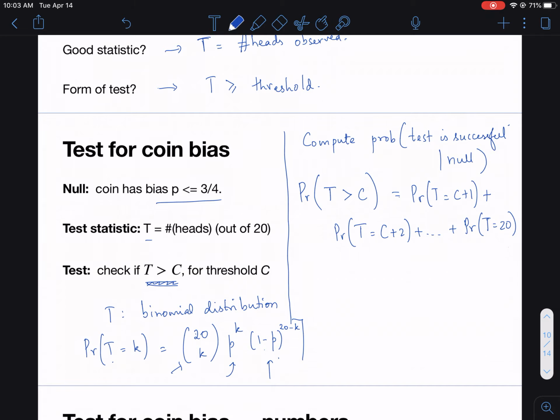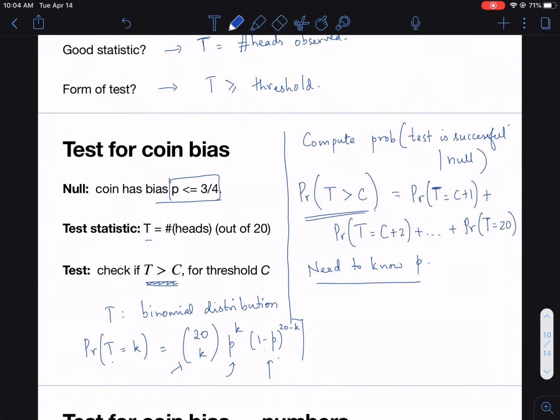Now you can write down an expression for it, but to actually evaluate it, you need to know p. Even under the null hypothesis, if I assume that p is smaller than or equal to 3/4, this value actually depends on the value of p.